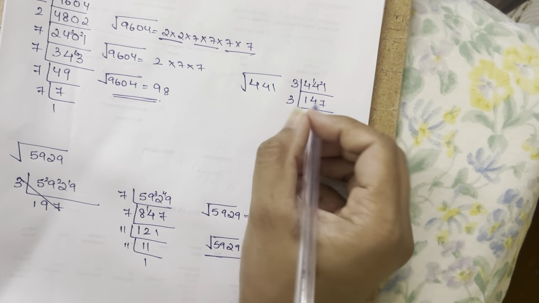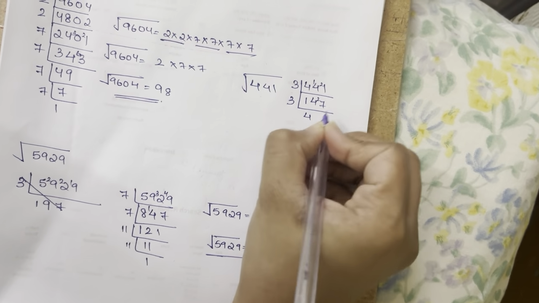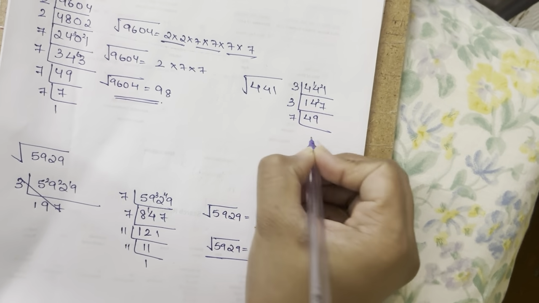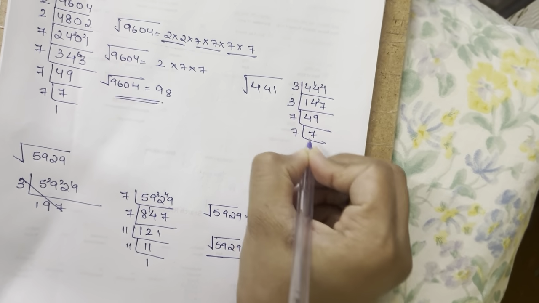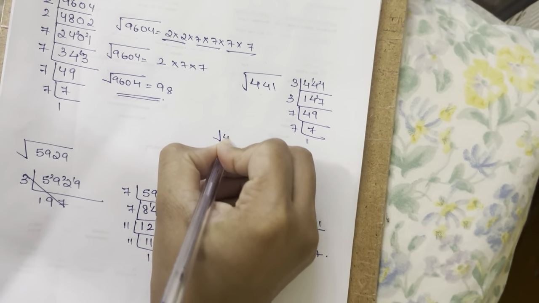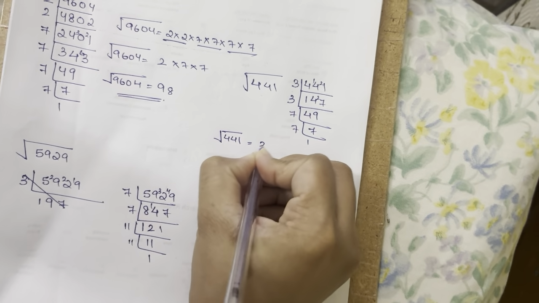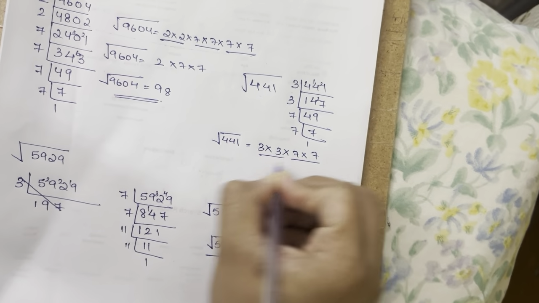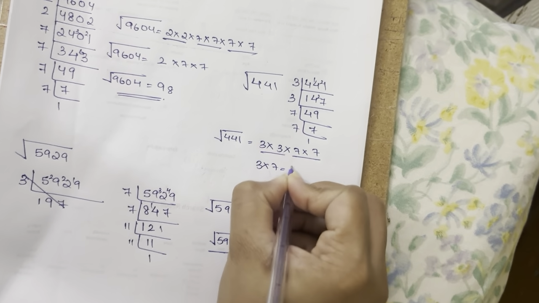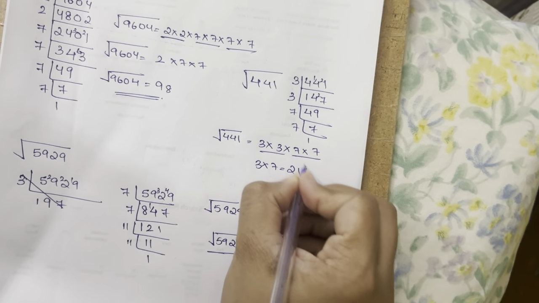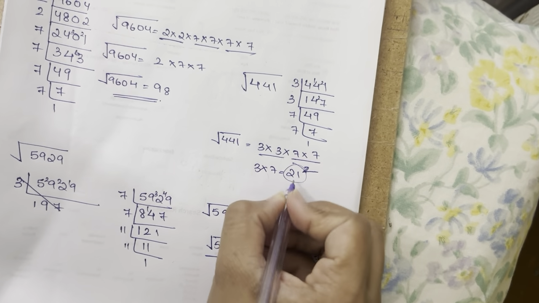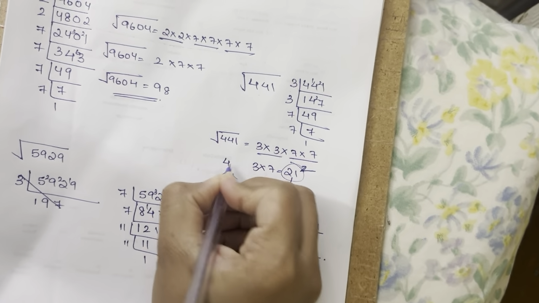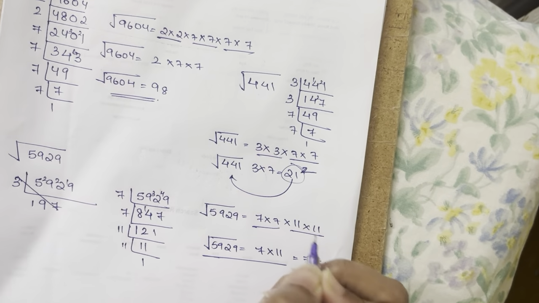Then 3 again, and we'd go 3 4s are 12, and then 7 times 7 is 49. We know this. So the root of 441 can be written as 3 times 3 times 7 times 7. That goes as 3 times 7, which is equal to 21. So when I do 21 squared, I get 441.